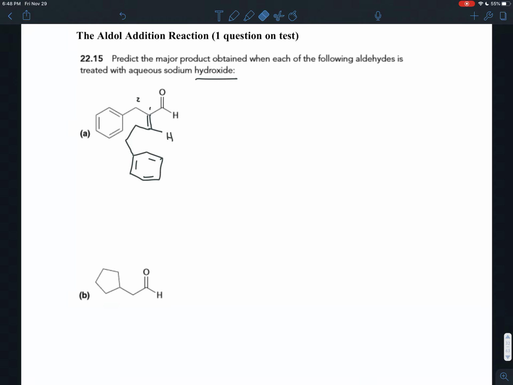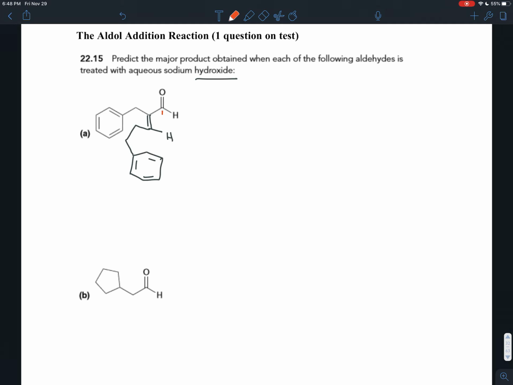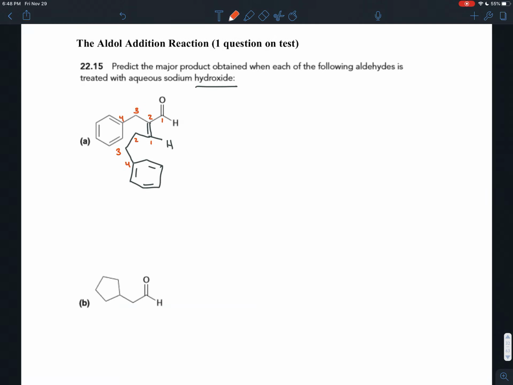And so that's our first step in drawing this. And it helps to number. So 1 is the carbonyl, 2 is the alpha carbon, 3, and then you have the ring carbon, which is 4 here. Okay, that's the first step. The second step is on the beta carbon.